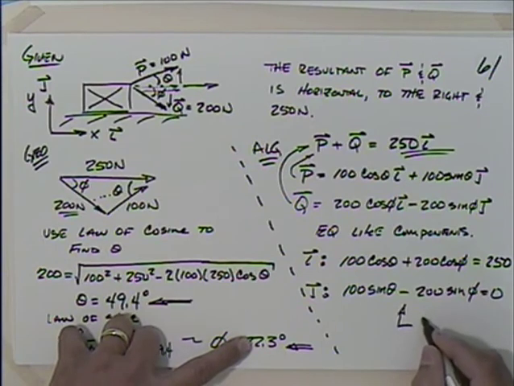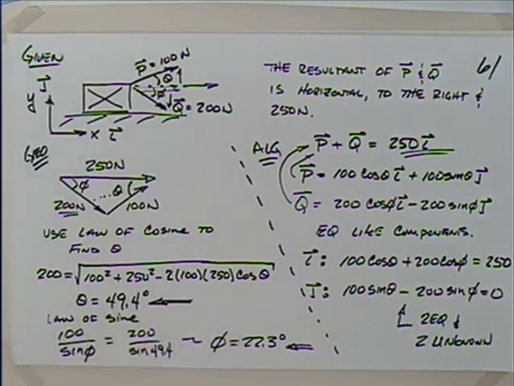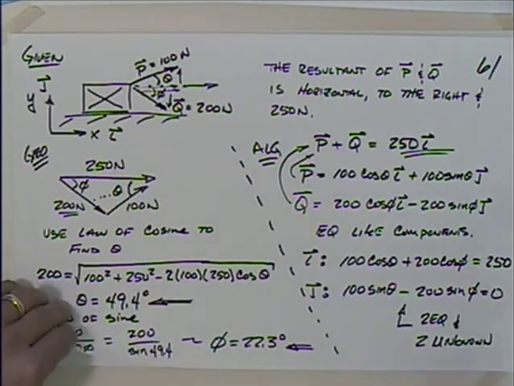Two equations and two unknowns. Okay, so that's what you live for in math. Two equations, two unknowns. We should be able to solve those. Well, we'll keep this handy. We'll probably come back to it and see what we can do with that.